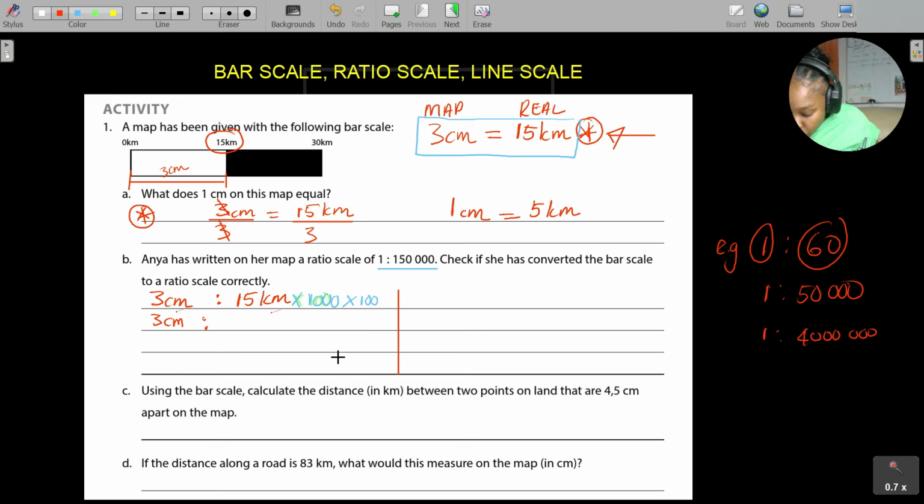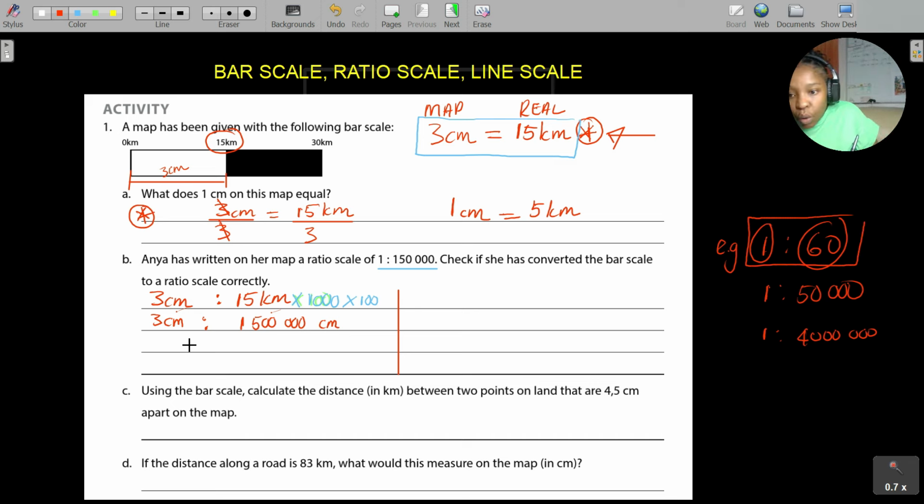That is equal to 1,500,000 centimeters. We've now converted, so we've got the same units, centimeters and centimeters, on the left and right hand side. Now it's easy for us to get our ratio in the form 1 is to something without any units.